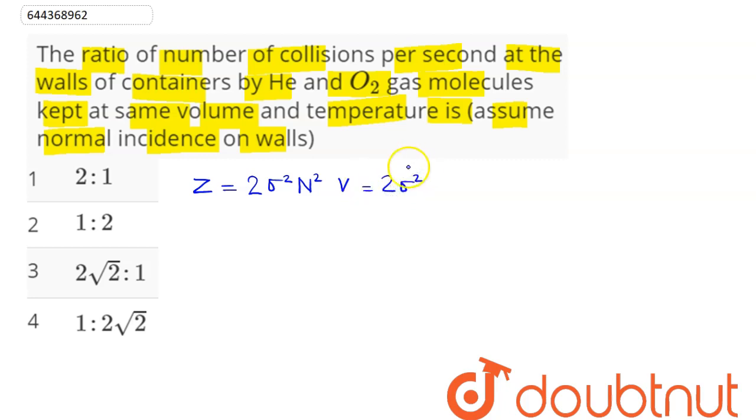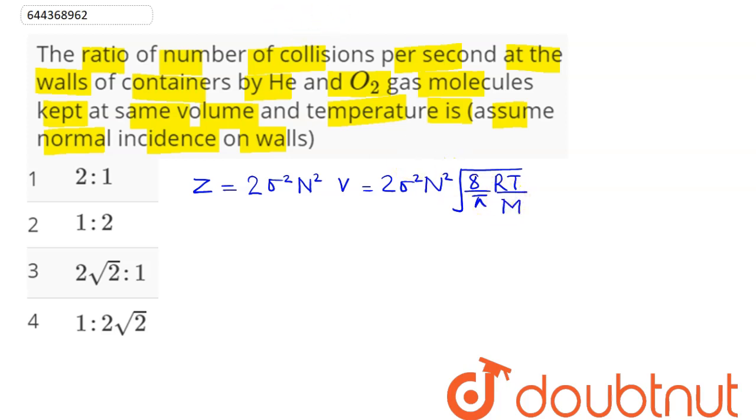Sigma is the diameter of the molecule. n is the number of molecules, and V is the average speed, and we know the average speed is given by the formula square root of 8 divided by pi into RT divided by molecular weight.